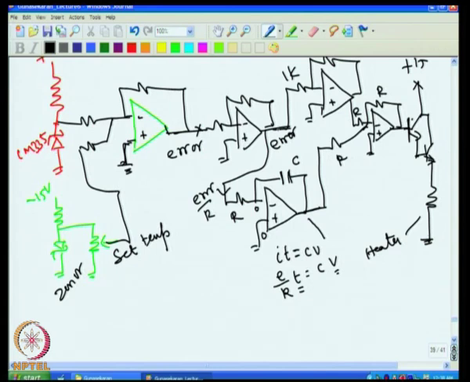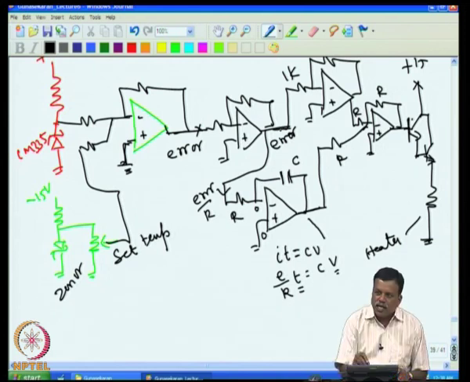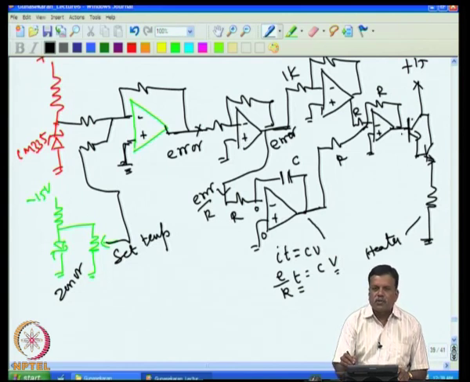Now, 10 millivolt change, if the temperature gain is supposed to be 100, because we want a temperature gain of 100, that means 1 degree change in temperature should produce voltage change here corresponding to 100 degree. That means 1 degree change should give me here 20 volt change, because 1 volt change here we have said is producing 5 degree temperature change.